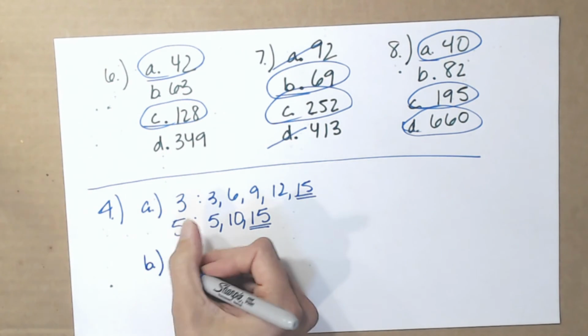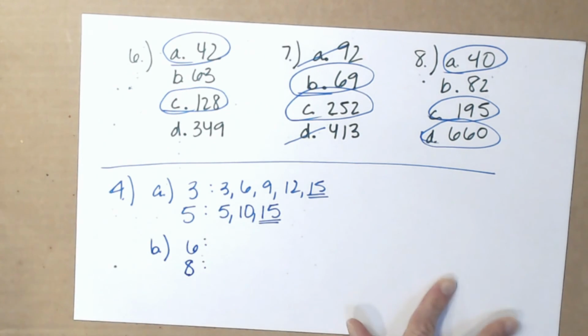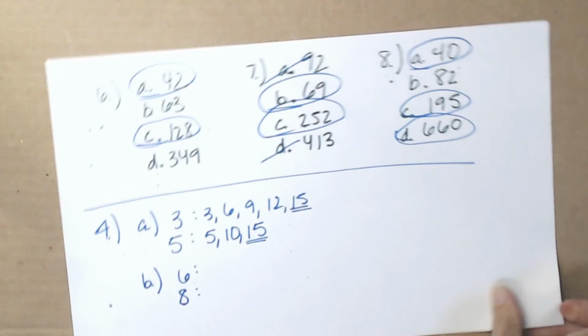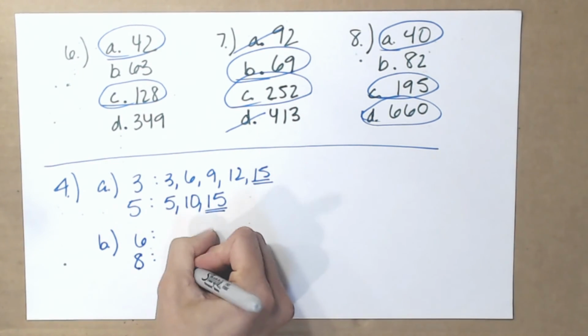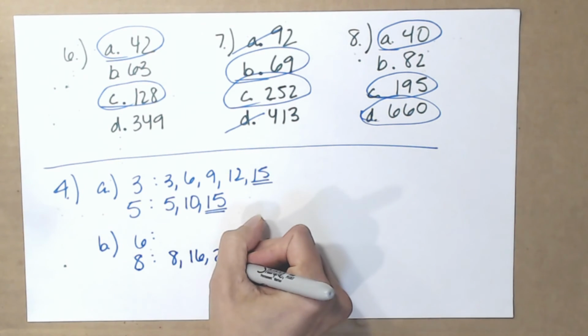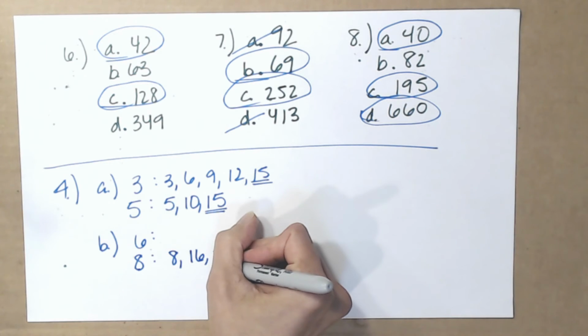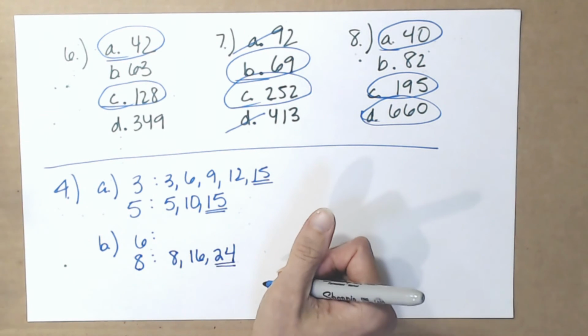B, we're looking at 6 and 8. Okay, so again, I'm just going to start with my larger number and start counting. 8, 16, 24. Oh, I know that 24 is also a multiple of 6, because 6 times 4 is 24. So I know that's my answer.